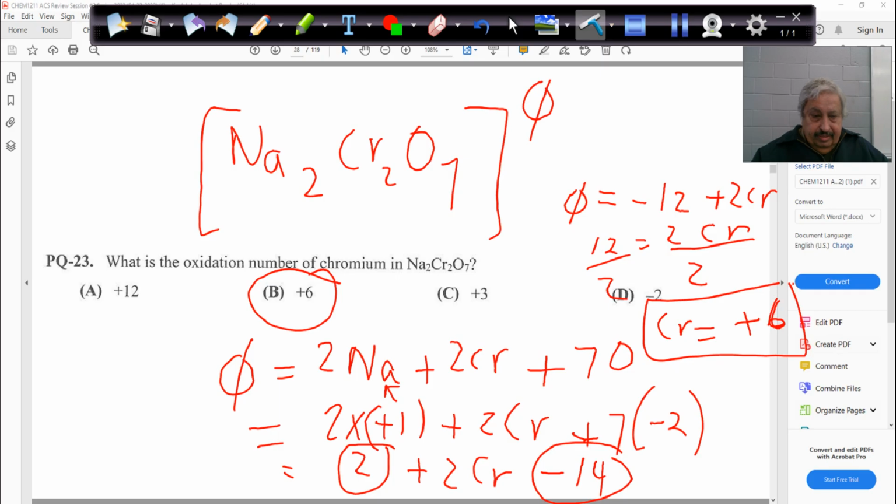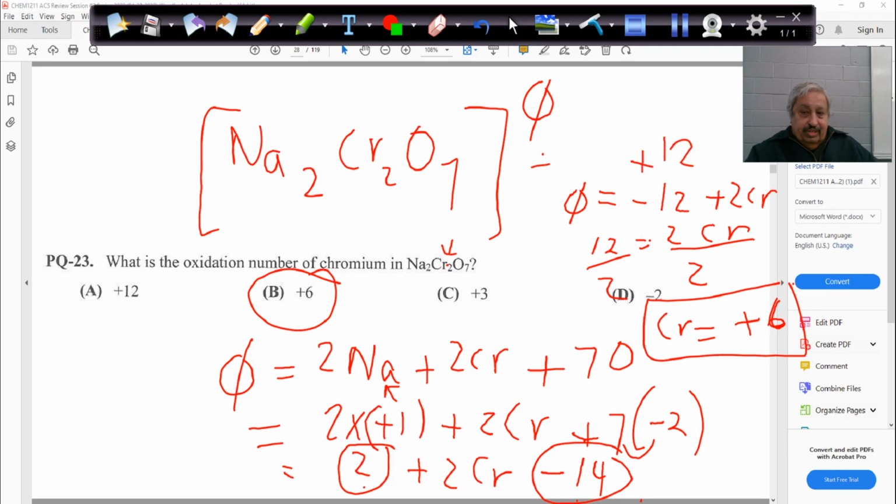Let's see here. 12 divided by 2, because it has 2 chromium, correct? See the 2 here? 2 chromium. So how do we get rid of the negative? 7 multiplied by 2 is minus 14. Minus 14 plus 2 is minus 12, correct? Add 12 to both sides.